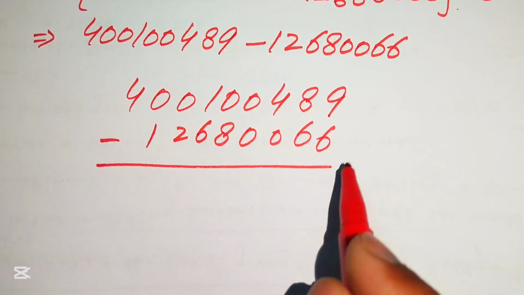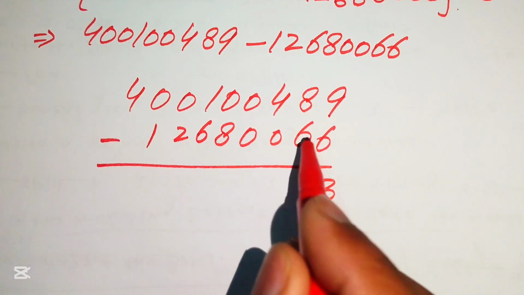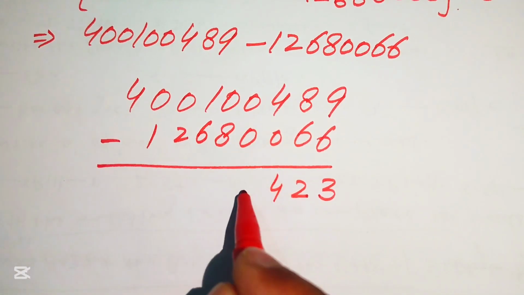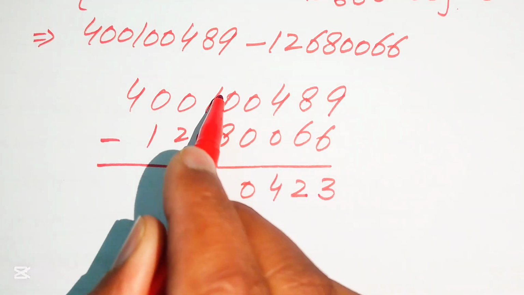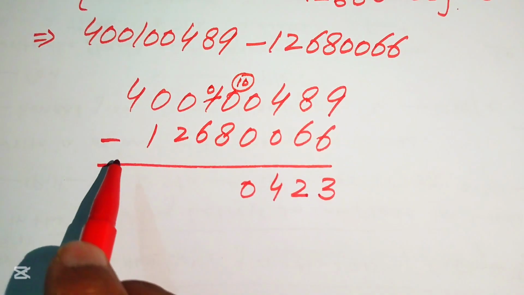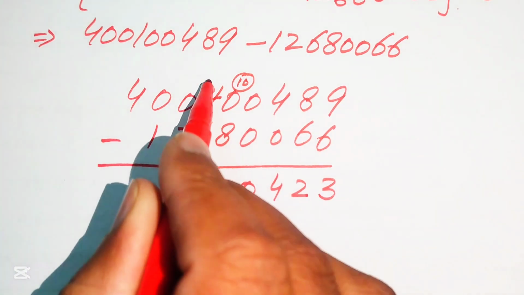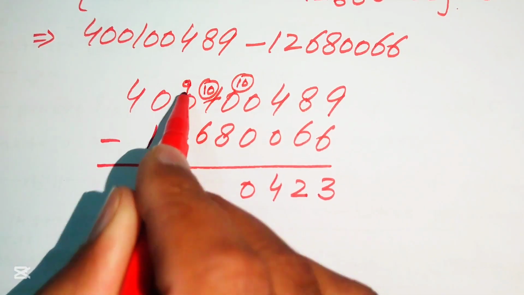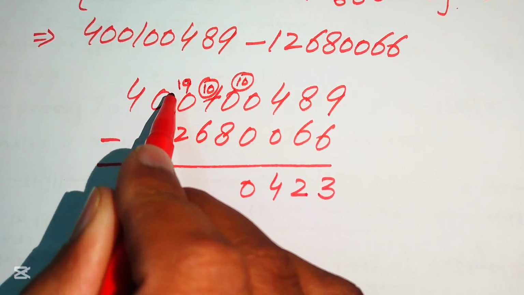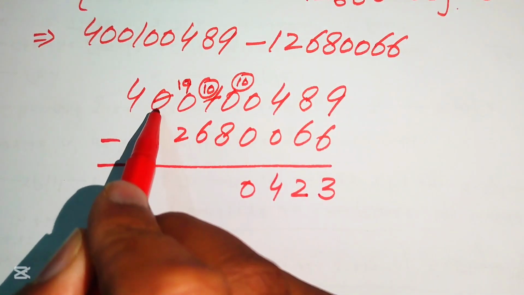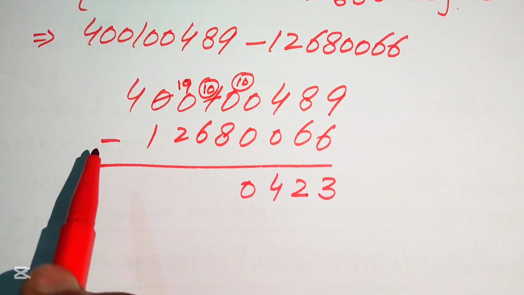So 9 minus 6 becomes 3, 8 minus 6 becomes 2, 4 minus 0 is 4, 0 minus 0 is 0. Here we take 1 from the neighbor, it becomes 10. Here we get 0, and here we take one, it becomes 10. Here you get 9. Here we take one, and it becomes 10, and it becomes 19, and here you get 0.